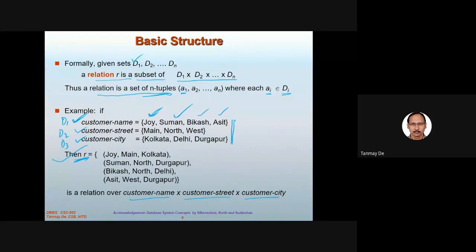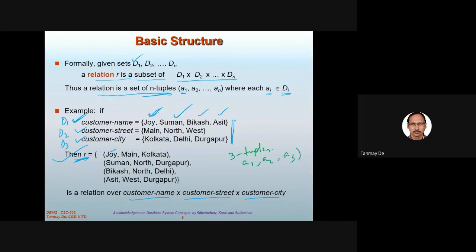That is customer name, Joy. Here, I just changed the color to be more clear. You can see here in this case R is a three-tuple, that is A1, A2, and A3.